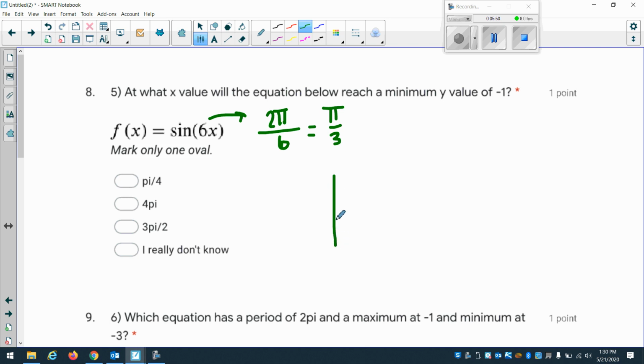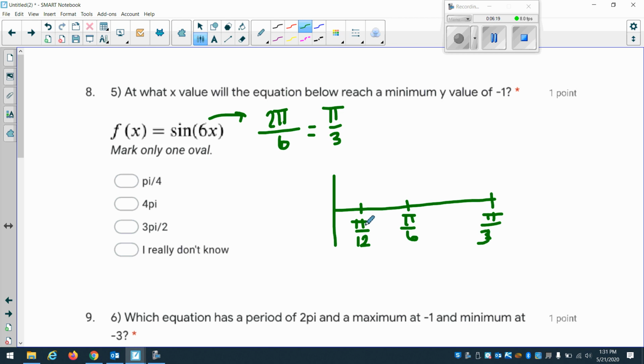Okay, so pi over 3 will be your period. Half of pi over 3 is pi over 6. Half of pi over 6 is pi over 12.